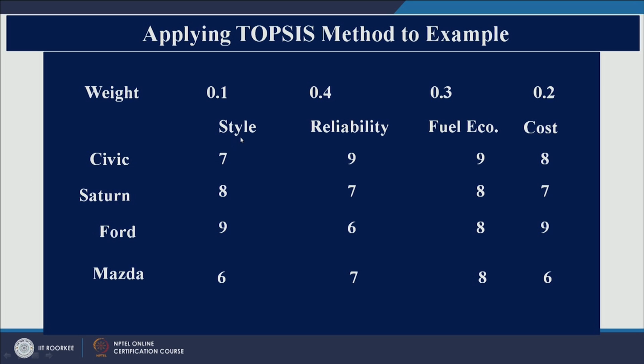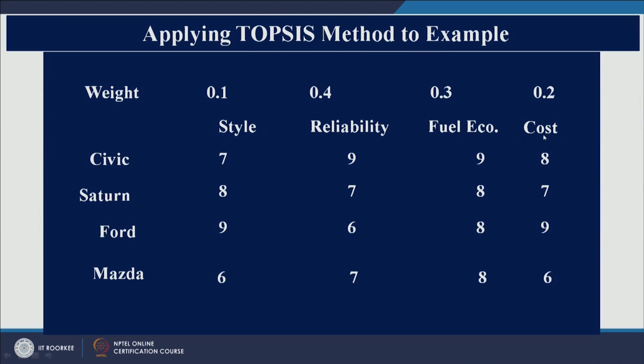So, you have got style, you have got reliability, you have got fuel economy and you have got cost, and these are the weights given by experts to each of these criteria. So, we will say that the most important weightage given by experts is 0.4, right. So, this is your input matrix, right.